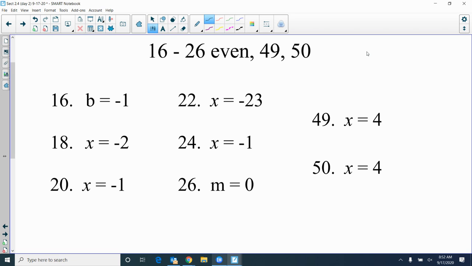All right, Zane, did you miss any? Yes. What'd you miss? 22. What's the original problem? -17 minus 2x equals 6 minus x. All right, what'd you do first? I added 2x. Tell me what you wrote down there. 3x.